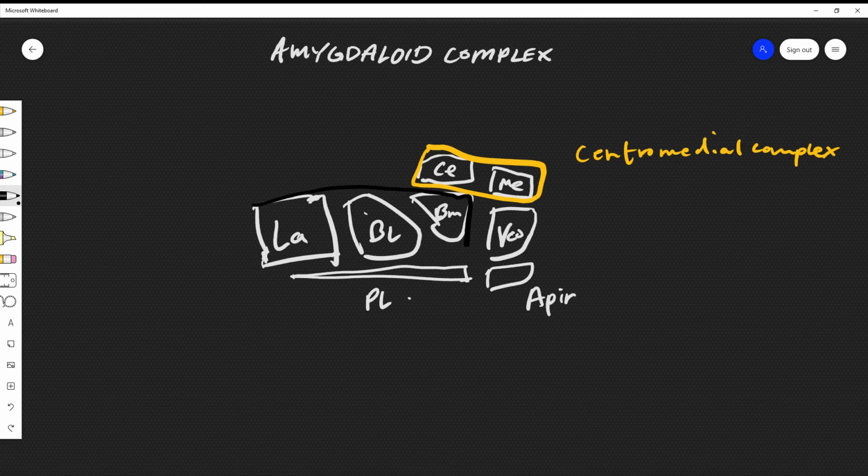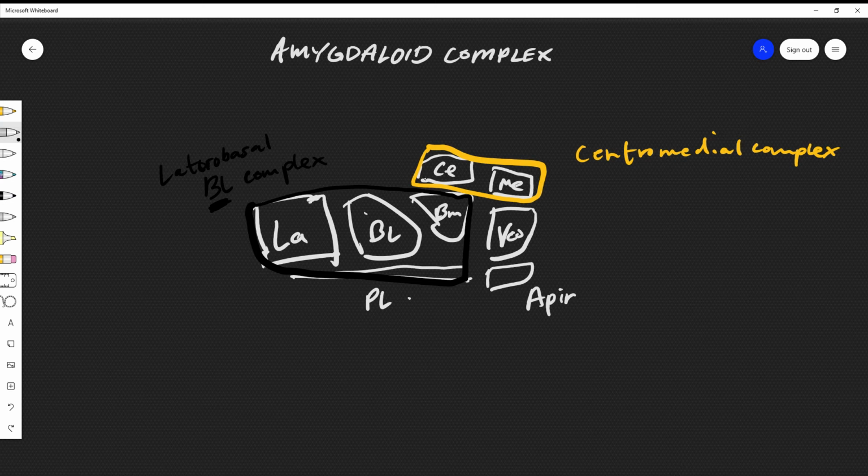This one is called the basolateral complex. However, you may also see it as lateral basal complex. Although I would say this seems to be more well used, but obviously this can be a bit frustrating because the basolateral nucleus is located within the basolateral complex. So that can be, yeah.